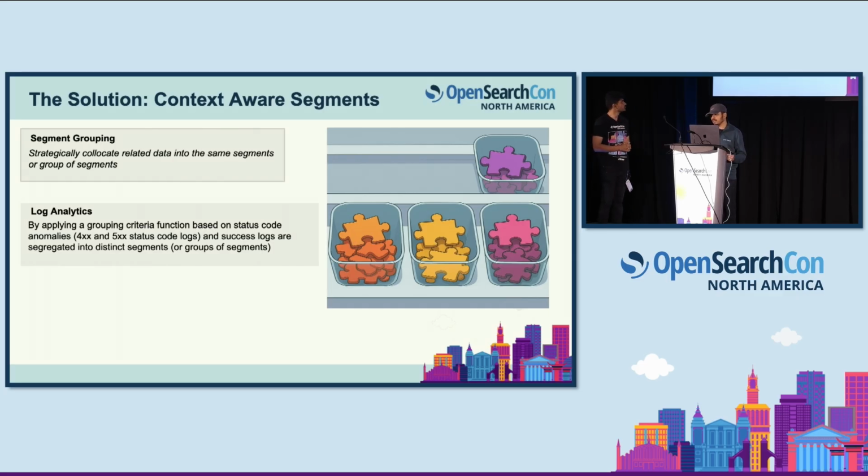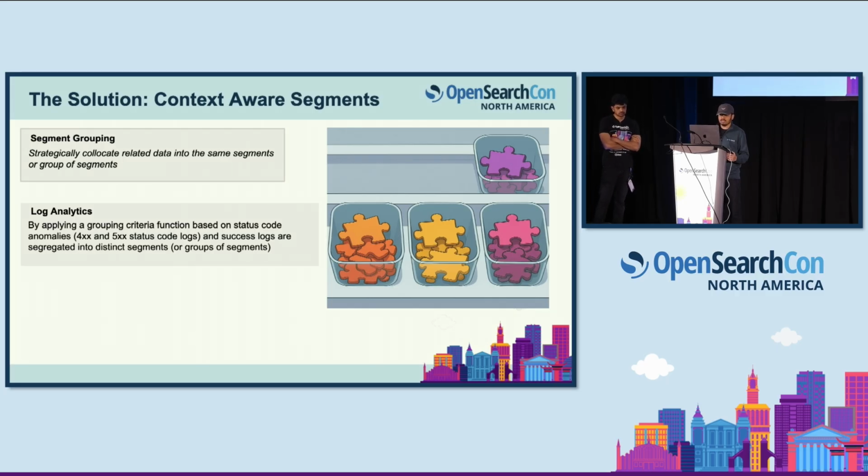As highlighted by my colleague, OpenSearch currently lacks a native way to group related data in the same segment. This causes regression in search performance as well as compute wastage. To fill this gap, we introduce something called context-aware segments within OpenSearch, where OpenSearch will strategically co-locate related data into the same segment or a group of segments.